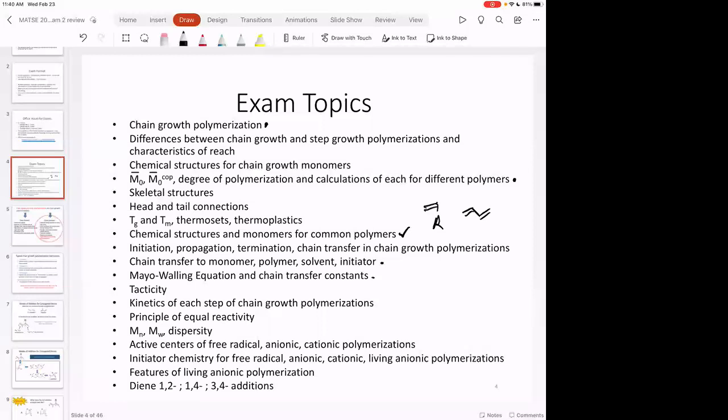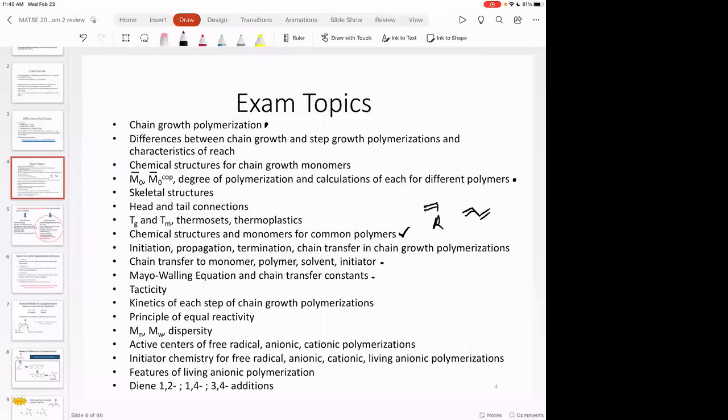So in all cases, radical, anionic, cationic, when you have chain transfer to polymer, nothing happens with X bar N. When you have chain transfer to anything else, solvent, chain transfer agent, monomer, initiator, what happens to the X bar N of that polymer system? It decreases, right? So those are the only 2 things you need to know. There's no special cases for the different types of polymerizations.